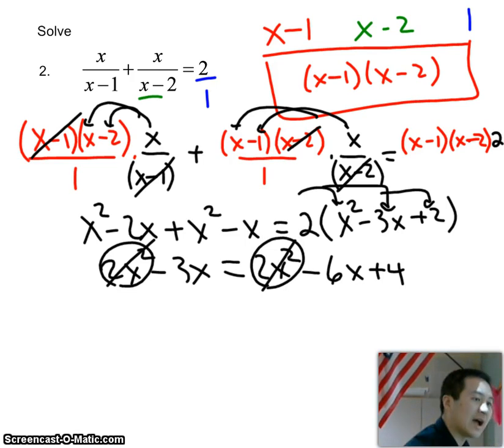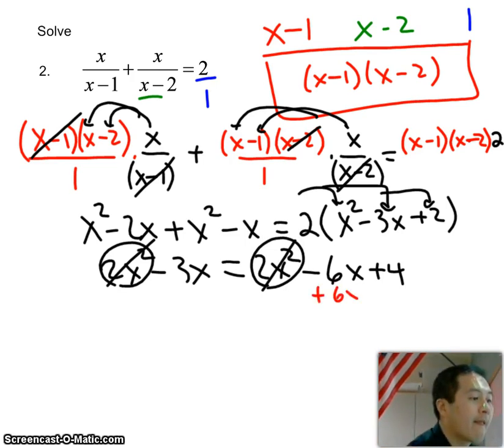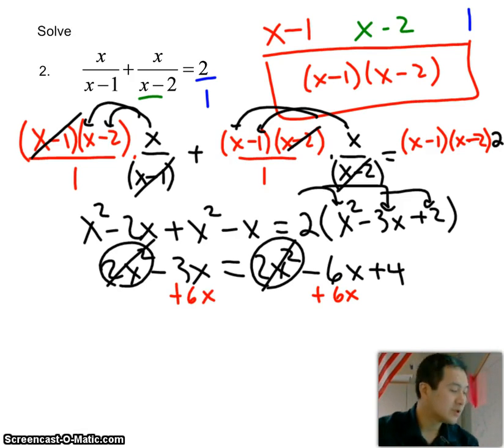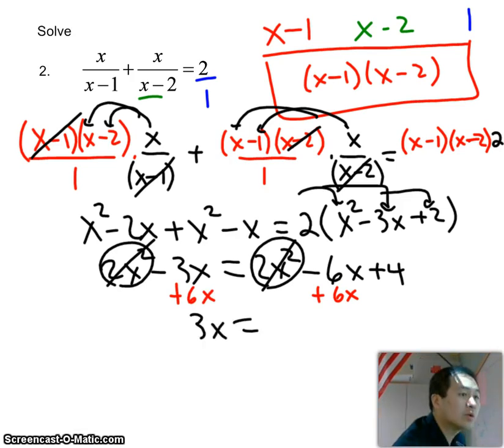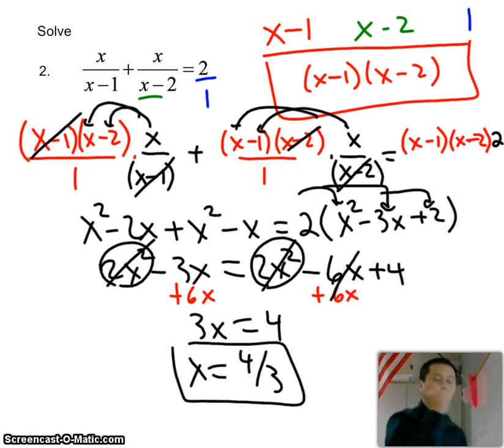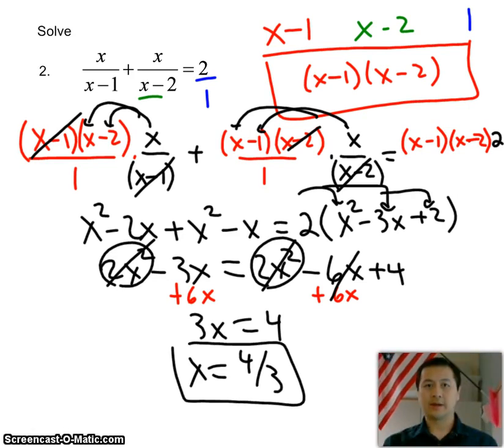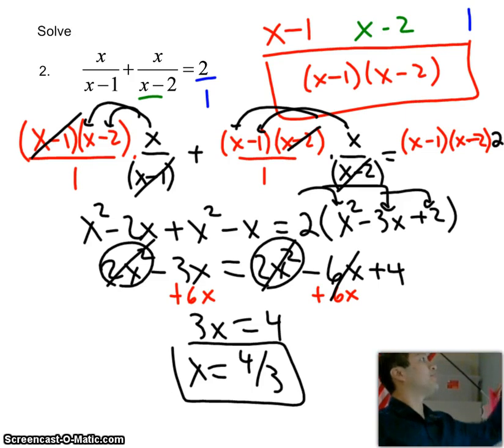Add 6x to both sides. So I have a 3x equals 4. x would equal 4 over 3. Whew. How do you feel about that one? Not too bad, right? If you don't believe me, you can actually try to combine the fractions and then cross multiply if you like. I think I have time for one more.